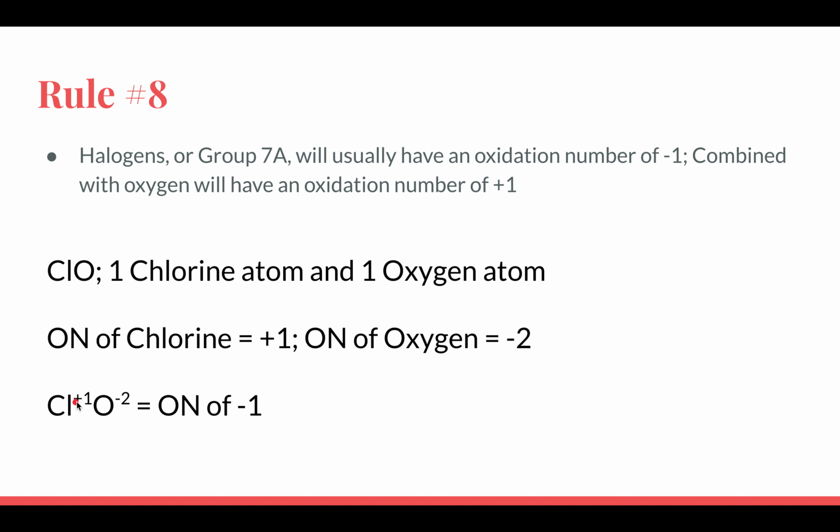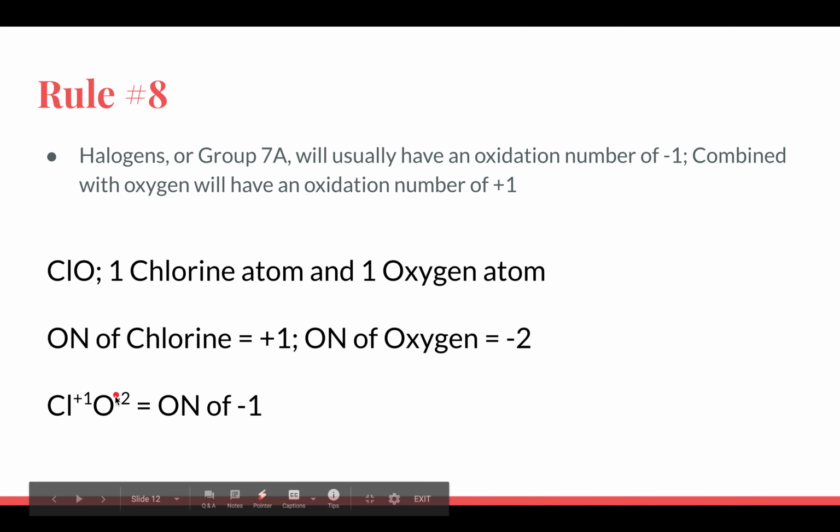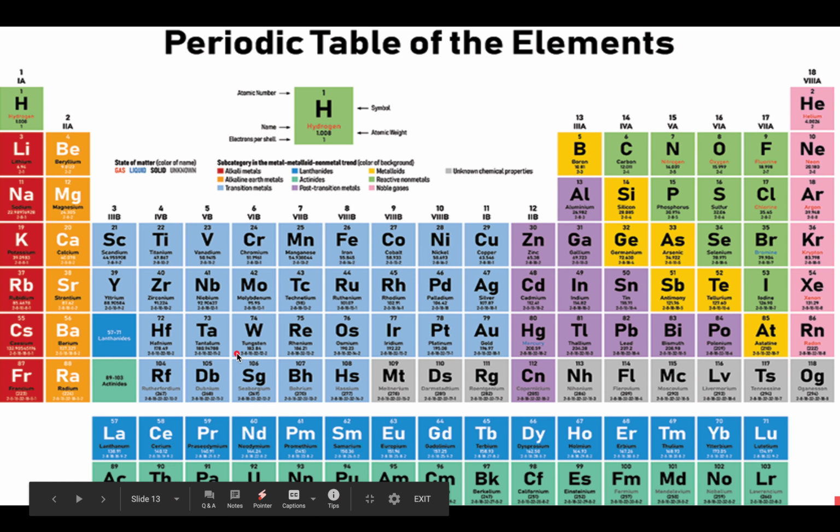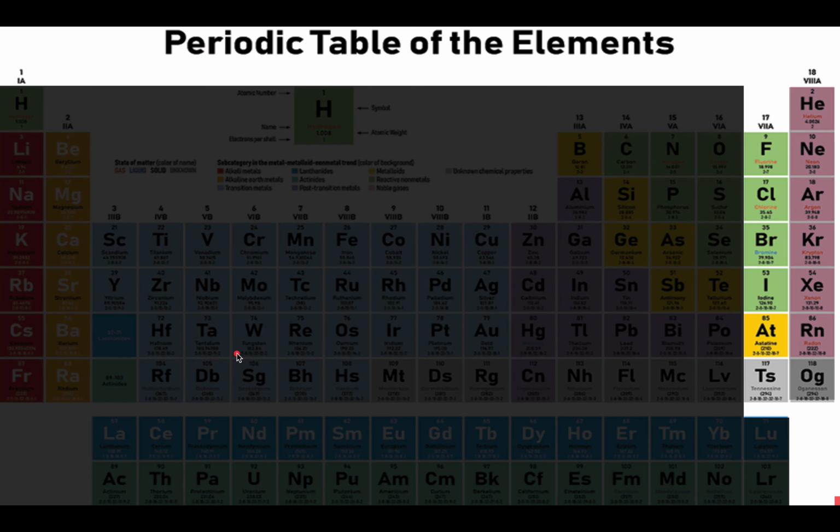So we have Cl, chlorine, +1, and O, oxygen, -2, which would equal an oxidation number of -1. And the oxidation number would equal -1 over here.